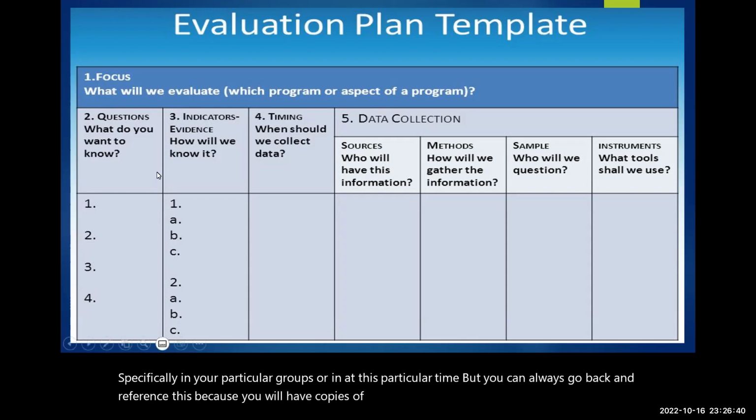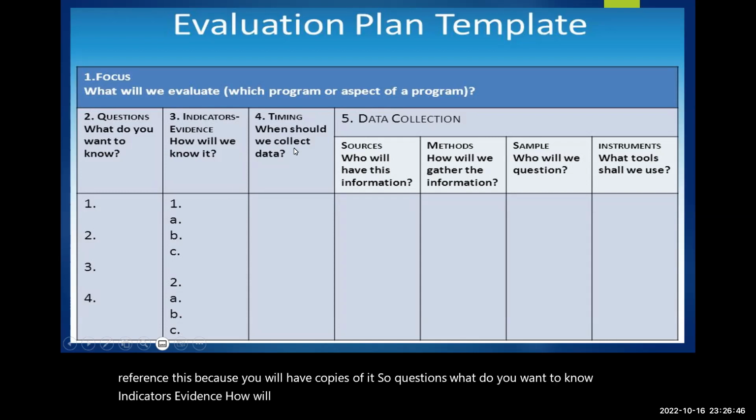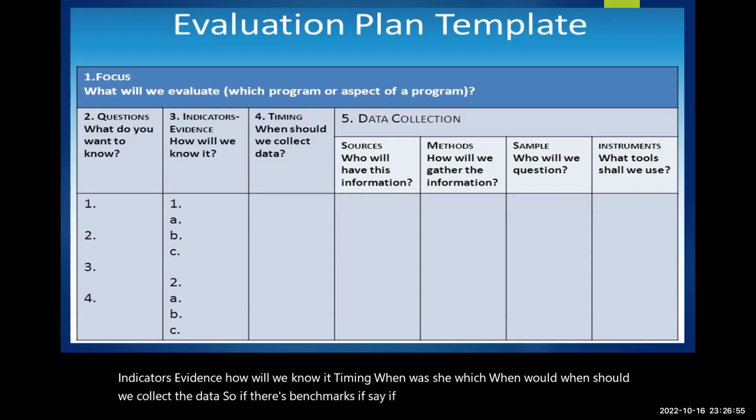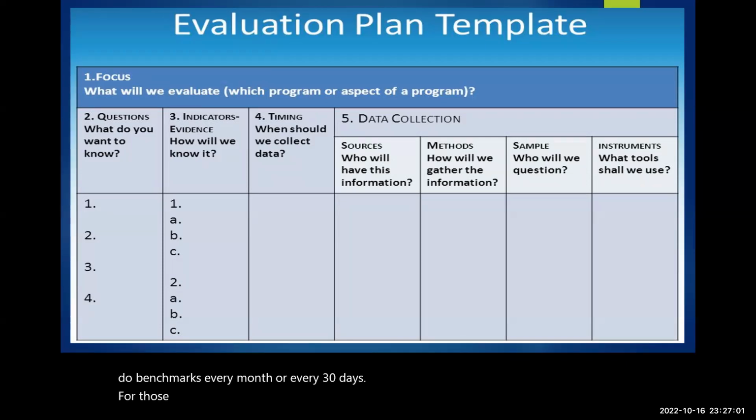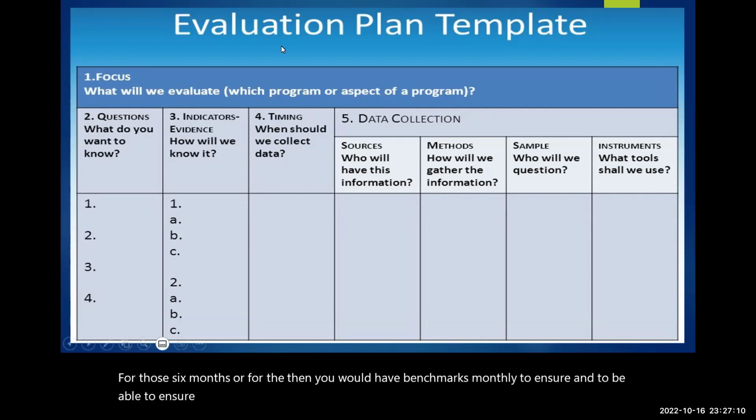So questions: what do you want to know? Indicators, evidence: how will we know it? Timing: when should we collect the data? So if there's benchmarks, if there's 6 months and you want to do benchmarks every month or every 30 days for those 6 months, then you would have benchmarks monthly to be able to monitor the process.